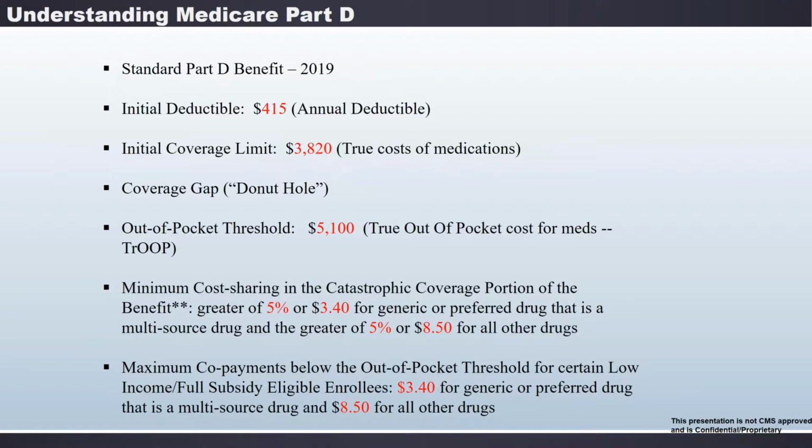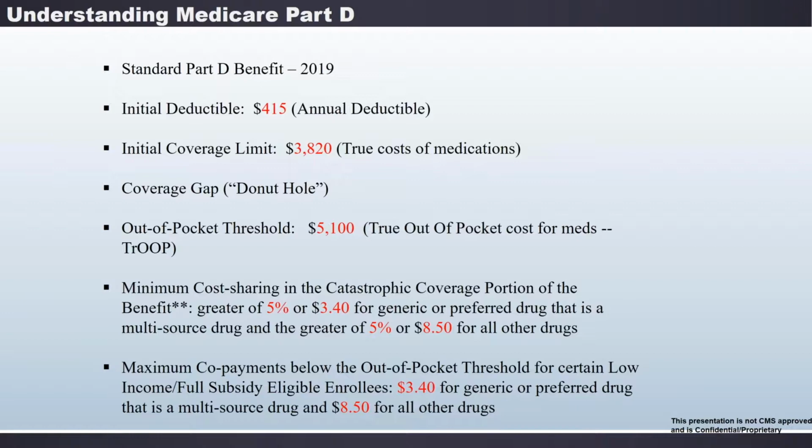So 5% and $3.40 for tiers 1, 2, and 3, 5% or $8.50 for tiers 4 and 5. And then if you're receiving any of the low income subsidies, you can be as low as $3.40 for generic and preferred, and $8.50 for all others.